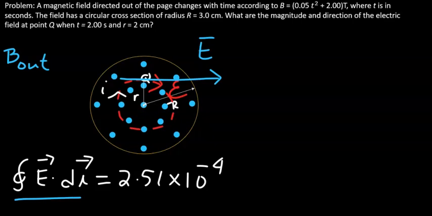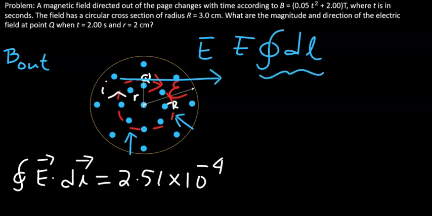And we need the left-hand side to determine the magnitude of that electric field. The electric field is constant everywhere on that circle, so you can take that E out of that integral. This integral refers to the circumference of that red circle. So that is just 2 pi times the radius of that little circle, 2 centimeters. Convert that into meters, 0.02 meter.